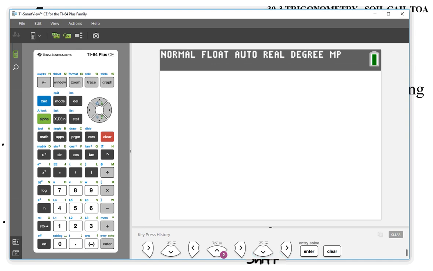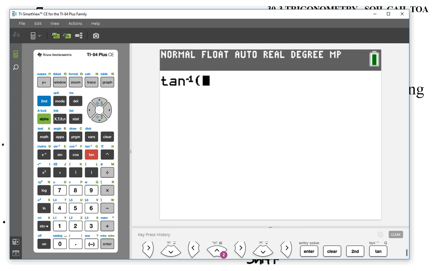So on our calculator, we make sure we're in degree mode. What we're going to hit is the second function button, and this was a tan question. So we do second function tan. Now we get that funny little -1 there. That's a good thing. We need that for finding an angle.